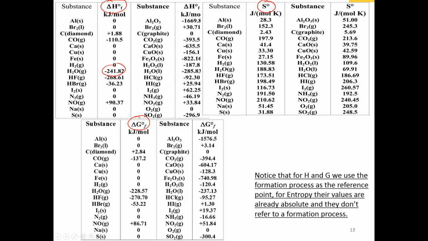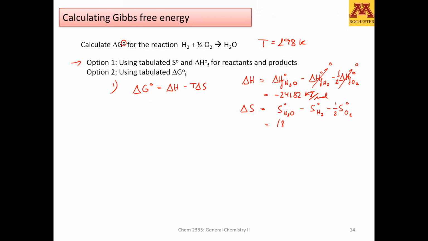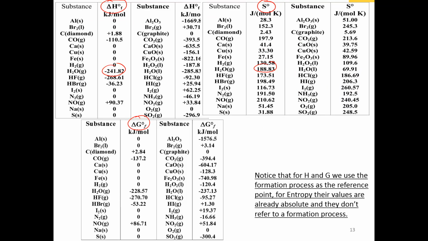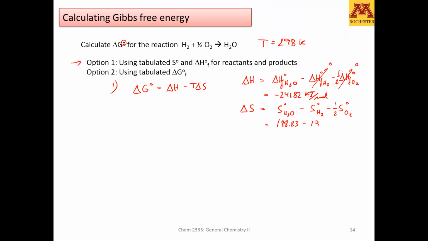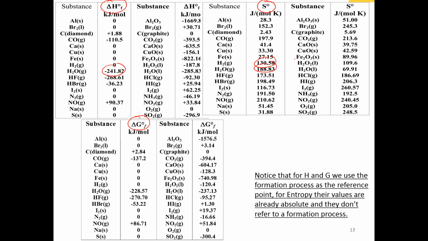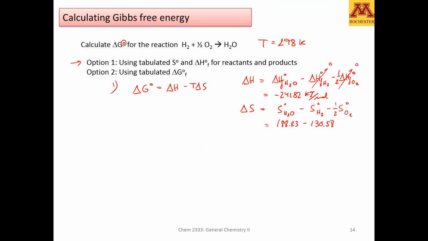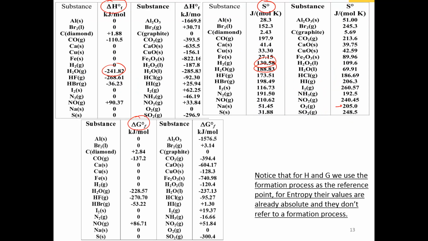The entropy of water is 188.83, minus the entropy of hydrogen, which is right above, 130.58, minus 1/2 of the entropy of oxygen, right here, 205.0.